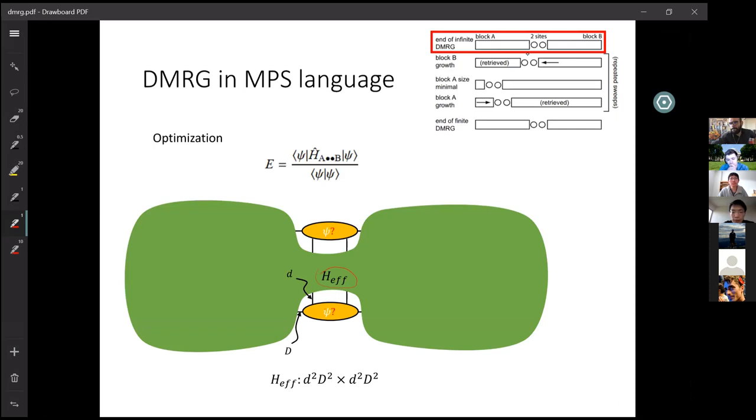These bonds have their bond dimensions labeled here. If you combine all these 4 bonds together into a thicker bond, then psi is just a vector, and H effective is a matrix of this dimension. So you are just diagonalizing the H effective to find the psi vector.